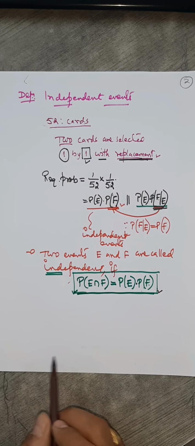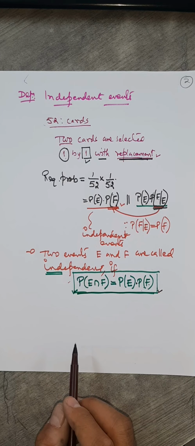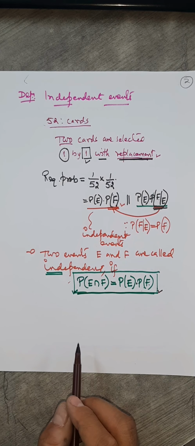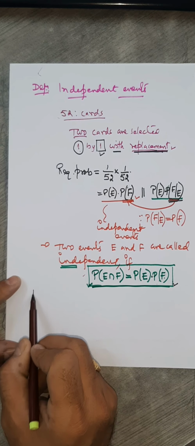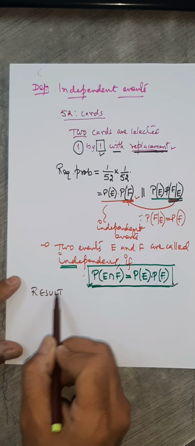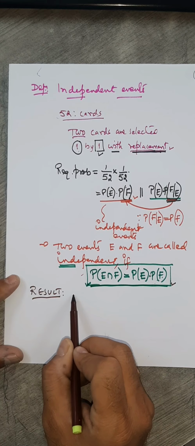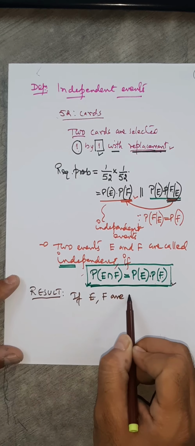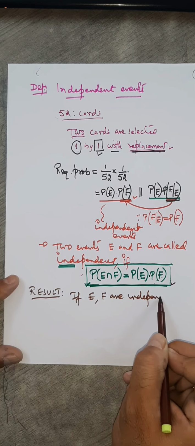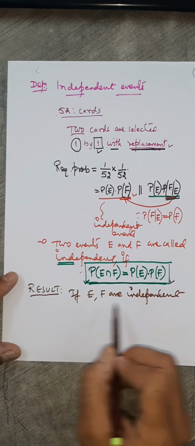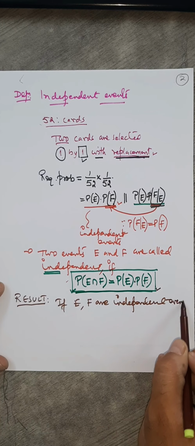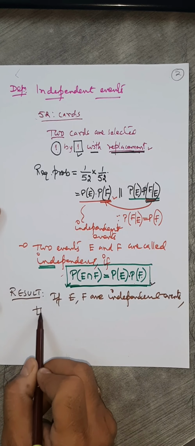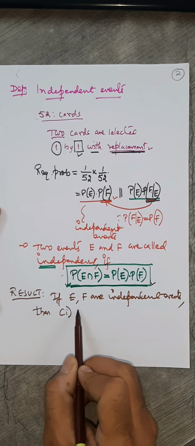Clear? Okay. Now, before I get into the next exercise, there is a result based on this, about independent events, which we use effectively. The result is this. If E and F are independent events, then there are three results.